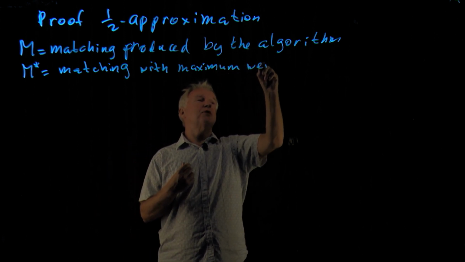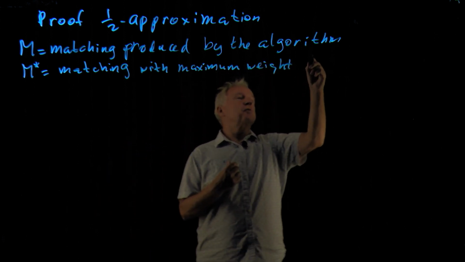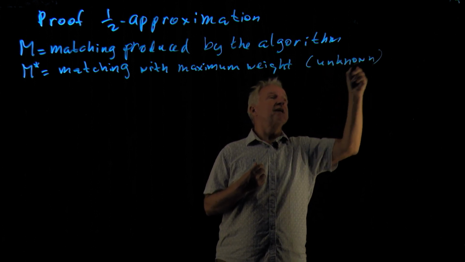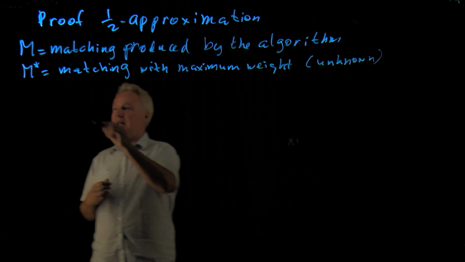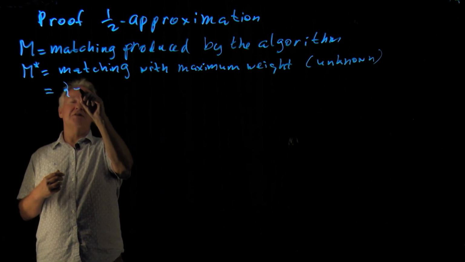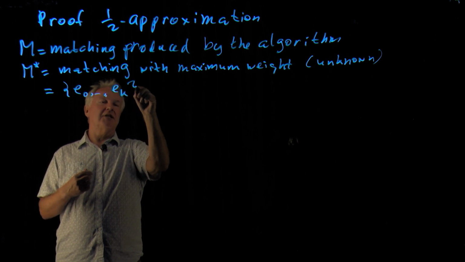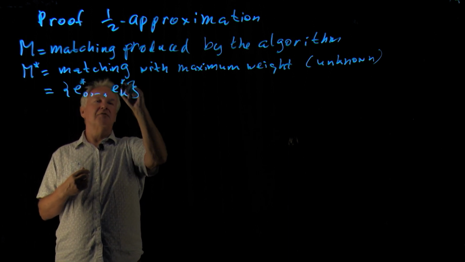So it's the optimal one, but it is unknown. Still, we can use it in our proof. And we write it as a set of edges E0 until Ek with a star.